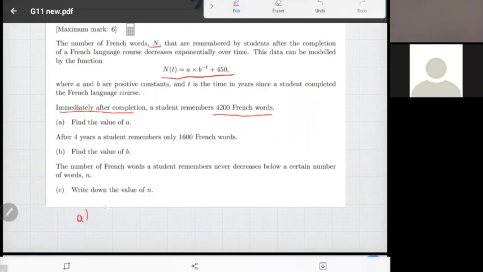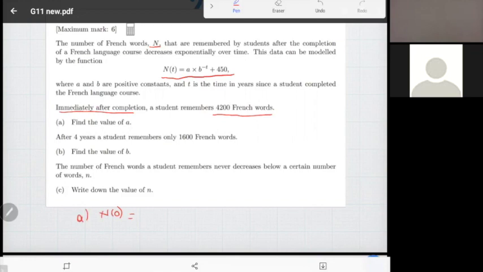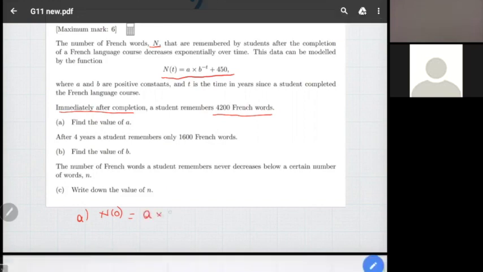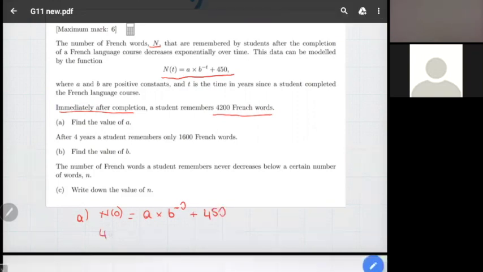So for part A, the question asks n of 0. So we will put 0 as t into the equation: A times b to the power minus 0, plus 450, and it is equal to 4,200.